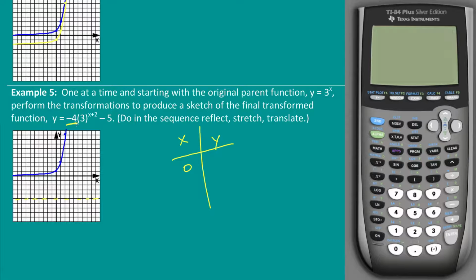What I need you to understand is that it's going to flip over the axis. It's going to go down 5. It's going to go left 2 because it's the opposite when it's on the inside of the function, and it's going to have a stretch of 4.